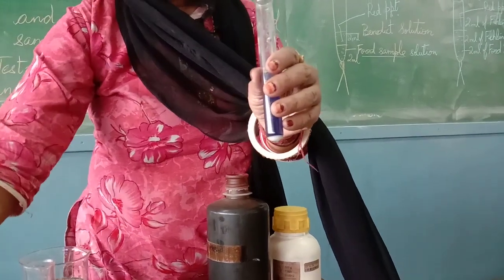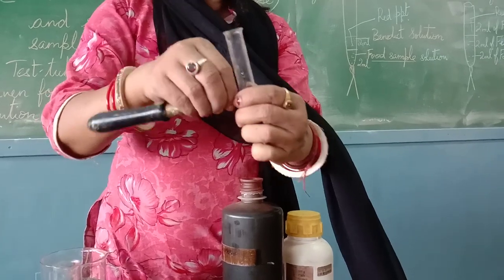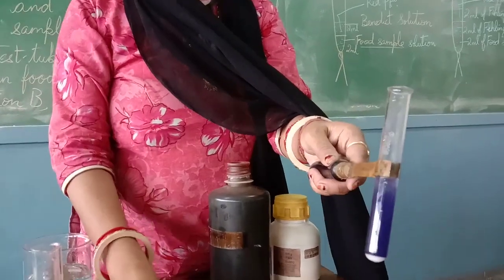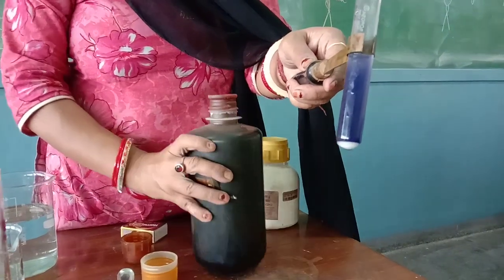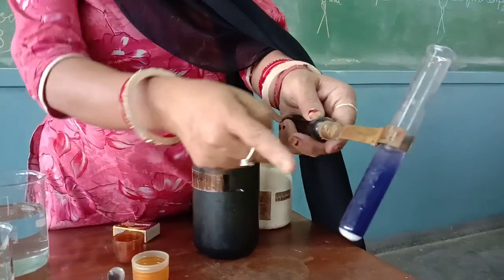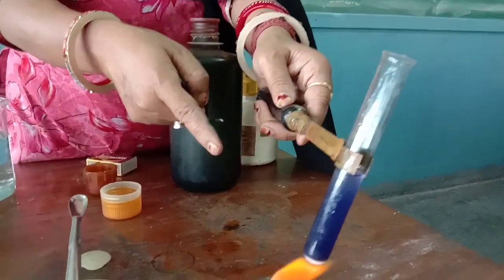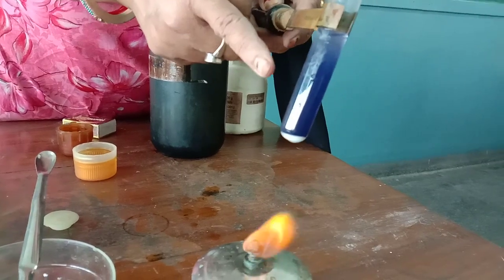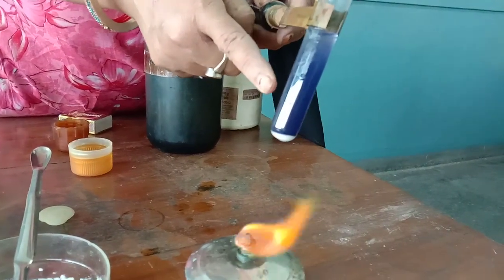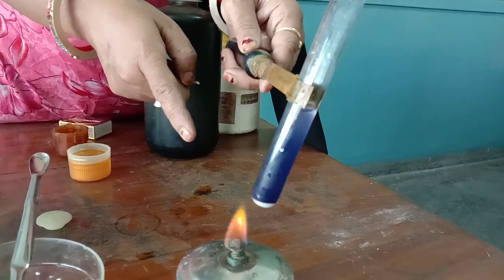What I have done is taken the given food sample, made a solution of it and then added iodine solution. Then see the change in color. It is changing to blue-black. If you heat it also, you will find that the color immediately changes from brown to blue-black. So this shows the presence of starch.